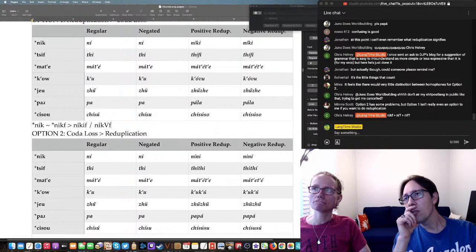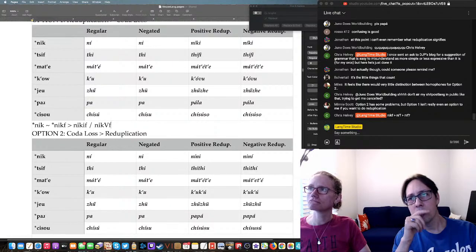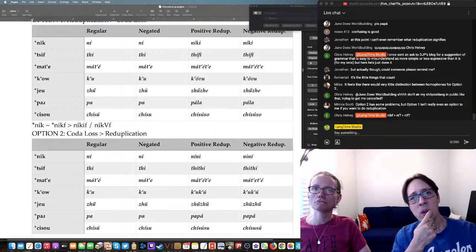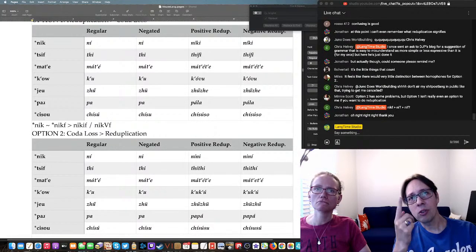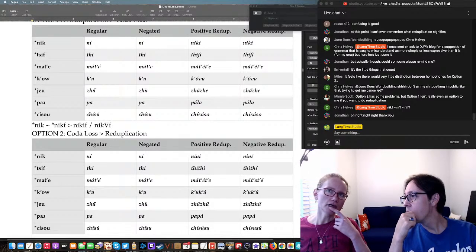Chris also makes an interesting suggestion. A third option is just to delete the coda consonant, which would essentially give us what we have here. I don't think that's likely though. This is a problem for both though, right?